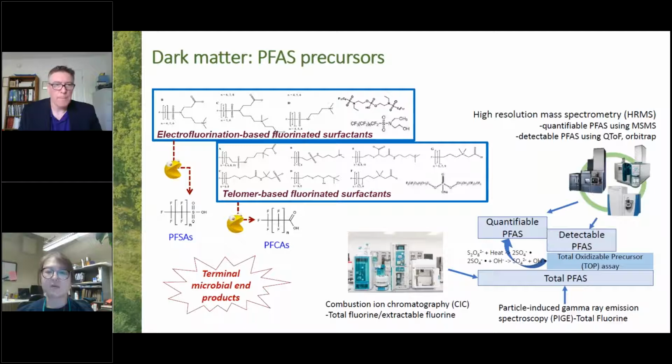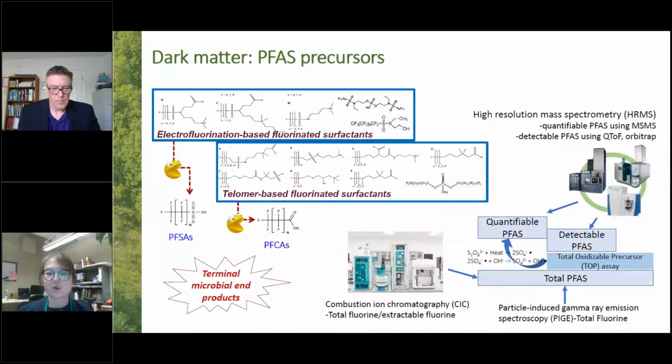That means they are very final ones, but there is a chance to have their precursors in the biosolid or their feedstock. So from the composting procedure, the unknown precursors can transform to PFCA, PFSA, such as PFOA and PFOS.